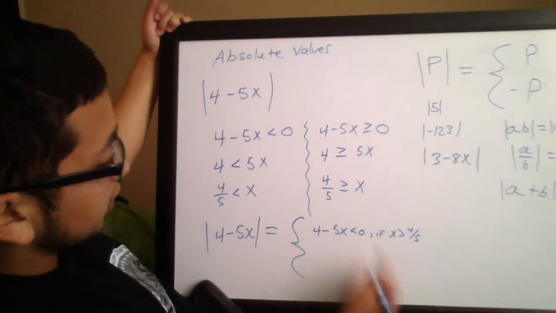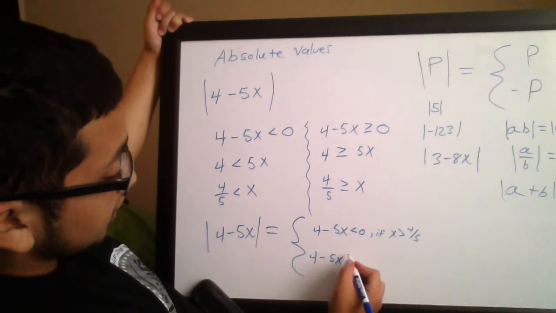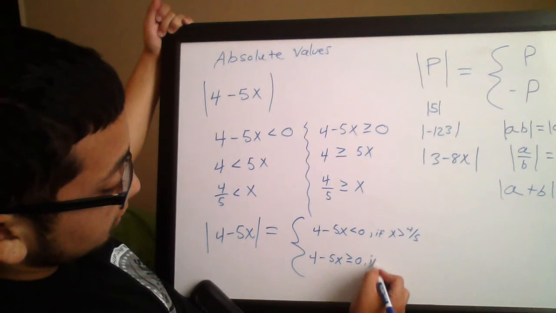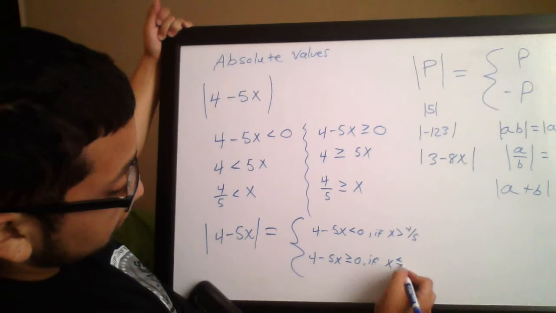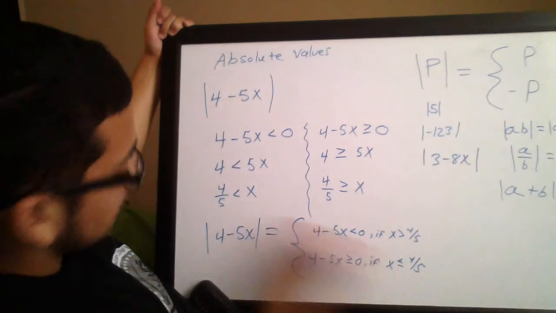And you write this one, 4 minus 5x is greater than or equal to 0 if x is less than or equal to 4 over 5. And this is your answer.